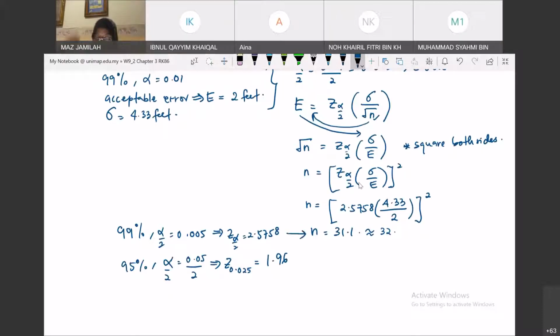But if you reduce the confidence level to 95%, you will get Z alpha of 1.96. So should your n here be greater than 32 or less than 32, class?